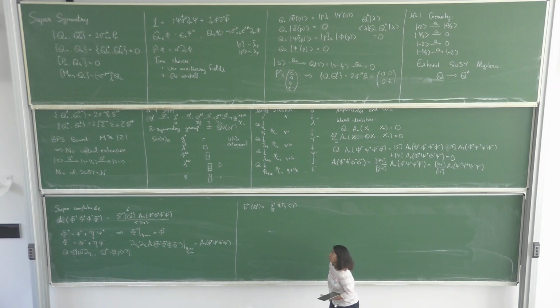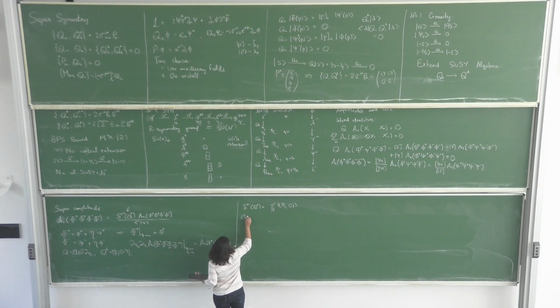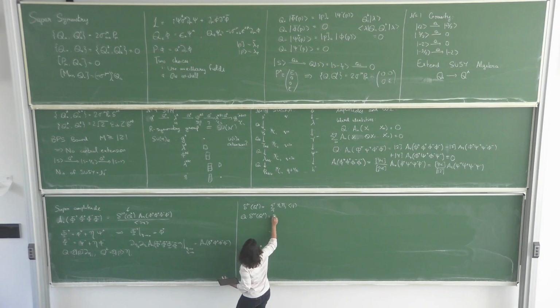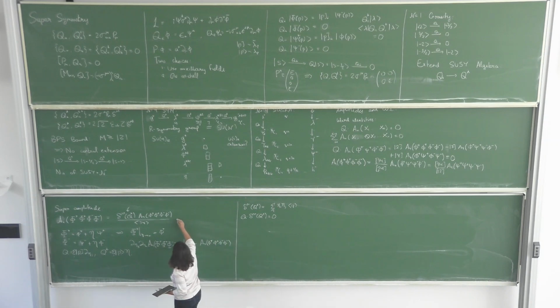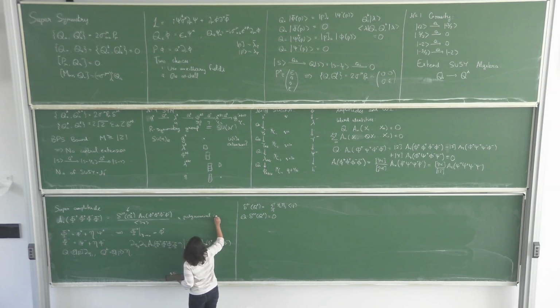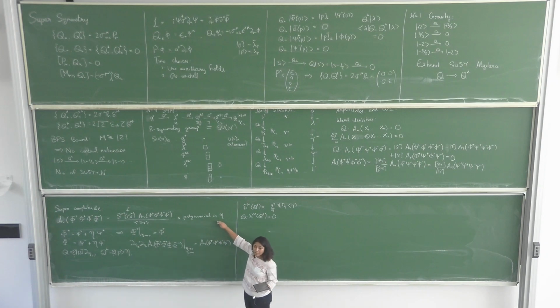Okay. Good. Now you can check actually that this expression for Q annihilates this delta function. This should tell you 2 things. It tells you that this is a special amplitude because there is no polynomial in eta that is multiplying the delta function. In general, though, you could have in a superamplitude a polynomial of eta that multiplies this, right?